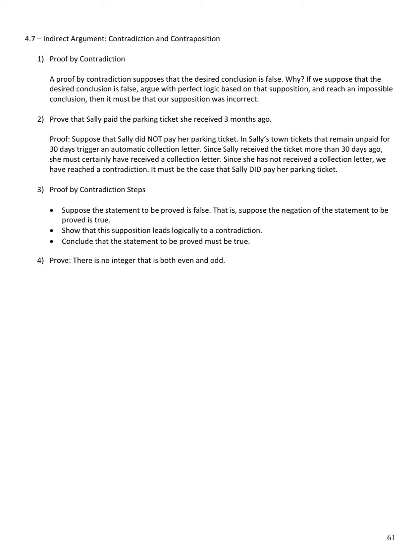Okay, our first example of a proof by contradiction. We want to prove that there is no integer that is both even and odd. So the first step of a proof by contradiction is suppose that this is not true. Suppose the opposite. Suppose the negation. So the negation of this statement is that there is.